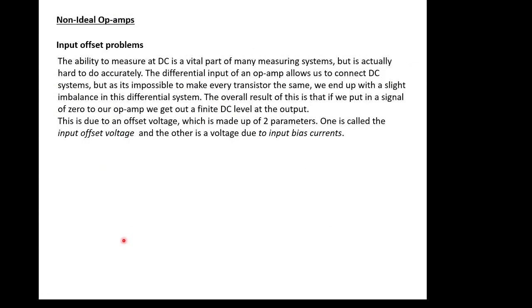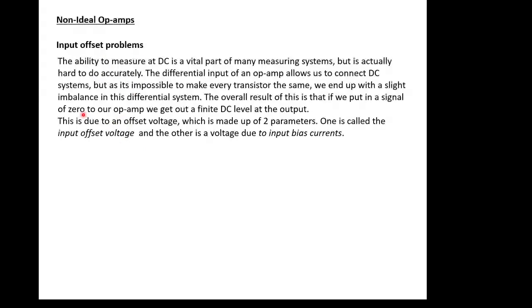Non-ideal ones are the things that we have to deal with in the real world, and we end up with some issues. Because of the well-matched problem, or non-well-matched problem, we would find that we end up with an input offset problem, which effectively means that if you put 0 volts in differential to our amplifier, you would expect to get 0 volts out. But because of very small mismatches in our very well-matched transistors, you will find that for 0 volts in, you will not get 0 volts out, but a small output voltage.